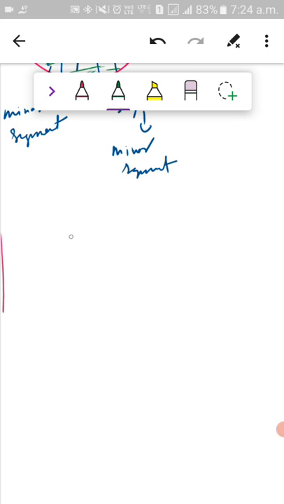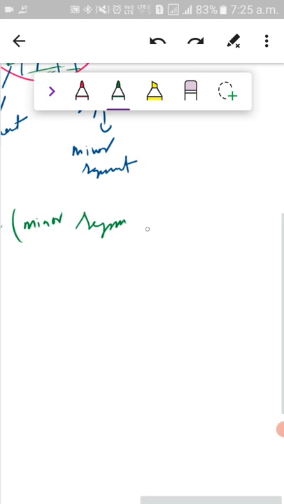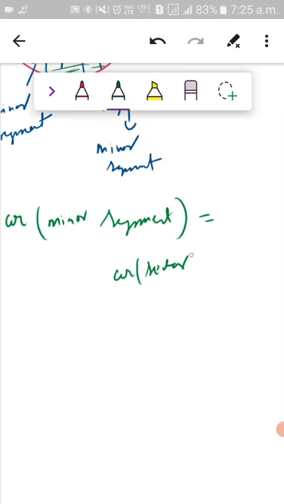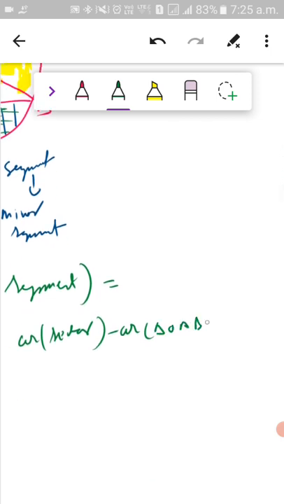So area of minor segment equals area of sector minus area of triangle OAB.